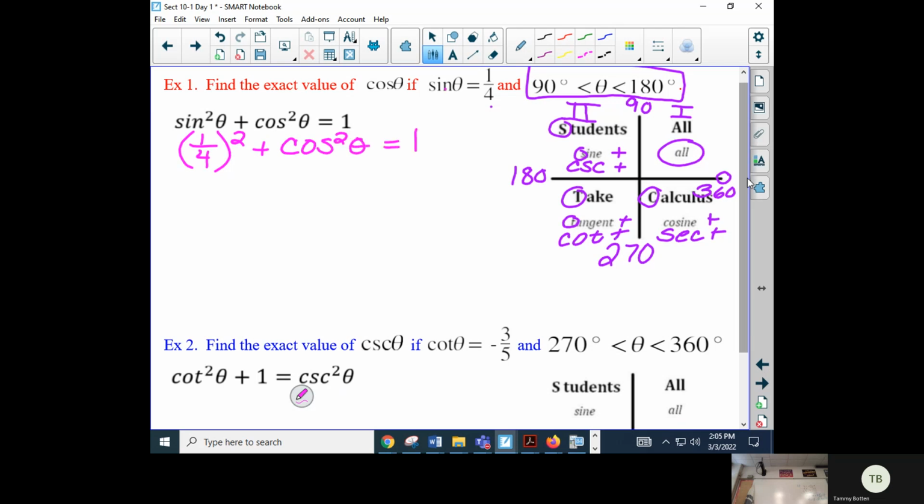And then I'm going to go ahead and solve that. Now, do you guys know when you square 1/4, you square the one on top, 1 squared is 1. 4 squared is 16. And that's plus cosine squared. If you don't want to keep bringing this theta down, you can just forget about that, and it equals 1. Okay? Then we're going to subtract 1/16.